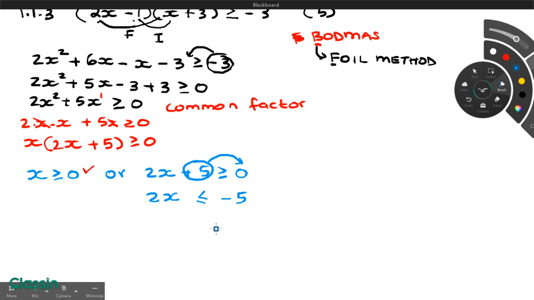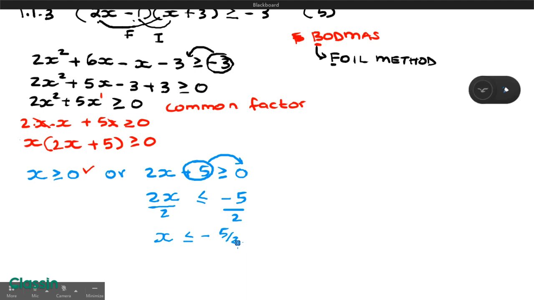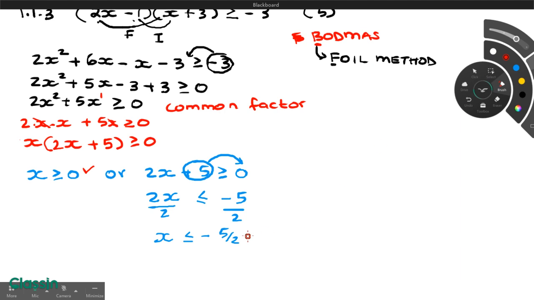Now it's going to be less or equal to negative 5. But we are looking for x, not 2x. Therefore, we divide both sides by 2. Therefore, our x is going to be less or equal to negative 5 over 2. Our solution is going to be like that. Therefore, we have our second solution.